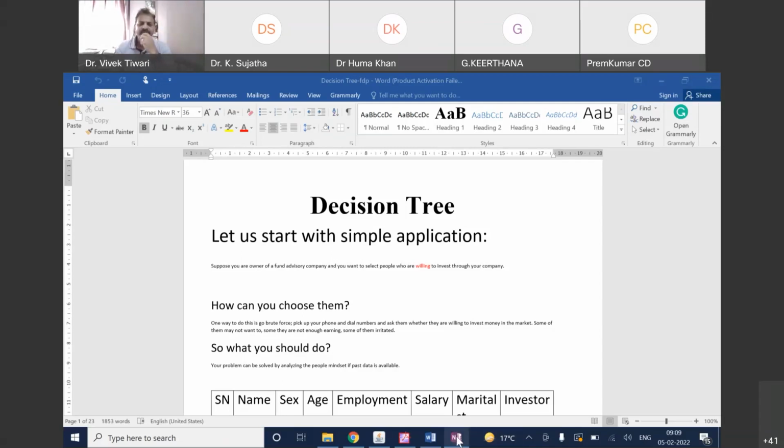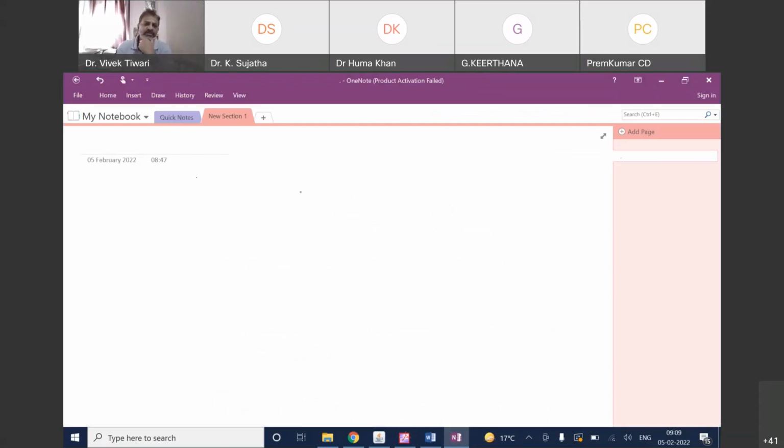So what does the data, the survey, talk about? Suppose you have called 100 persons. The data says there is less than 1% chance. Your probability is less than 1%. What is the meaning of that? If you call 100 people to sell your policies and investment plan, it's very hard to convert even one person out of 100 calls.